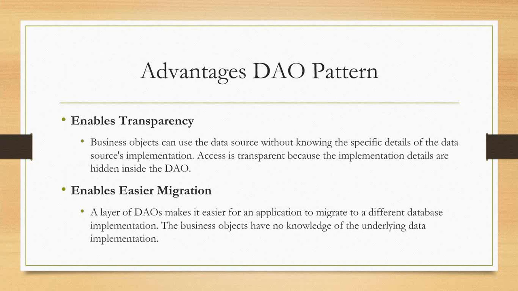So only DAOs will be aware of the database. The rest of the application will not have any idea which database server they are supposed to interact with, and all such details are not needed for the rest of the application, right? They're completely concealed or hidden.